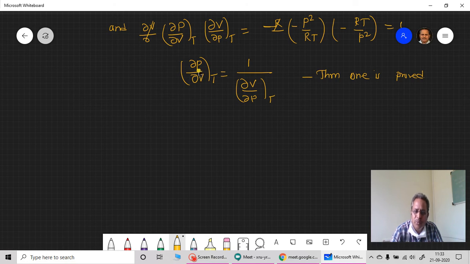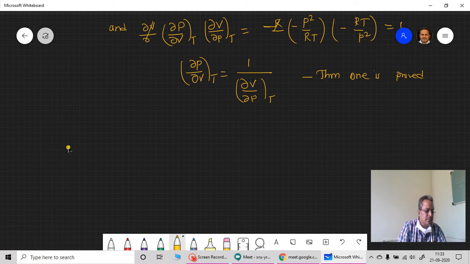Here I am changing pressure, therefore volume is changing, which is again an isothermal process. So this rate is the reciprocal of this rate, and that's why theorem 1, the reciprocity theorem, is proved very easily as shown here.